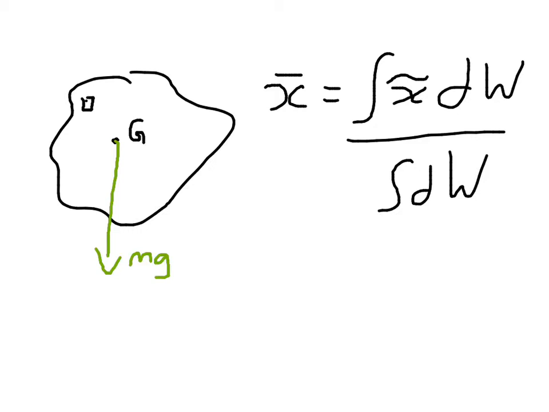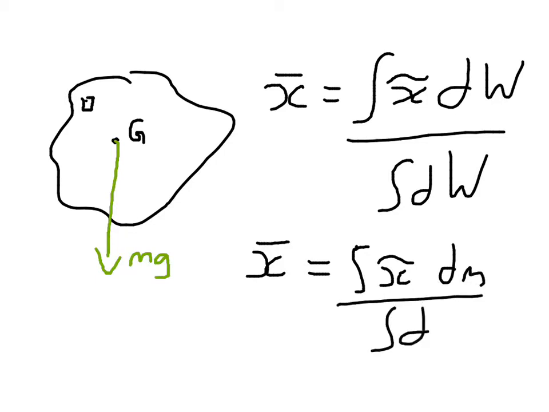And if we replace our w's with m's, so for instance finding the x-coordinate of the centre of mass, which will be the centre of the shape's weight as well, we do exactly the same thing, apart from we're using dm instead of dw.